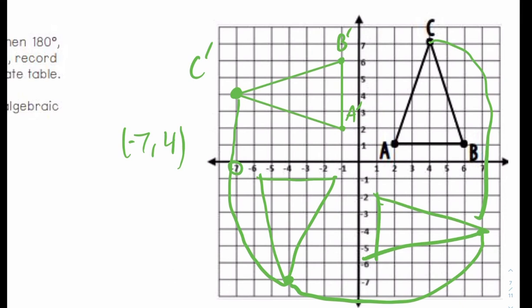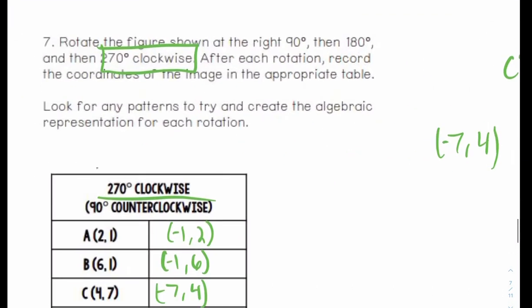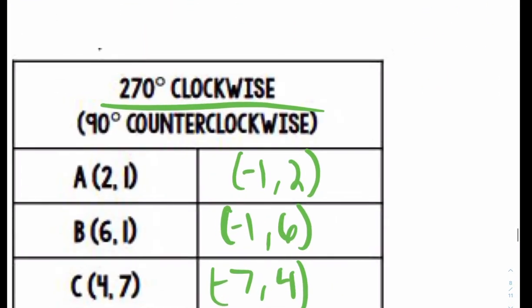You switch the x and the y, and you make the new x negative, and that's what happens only for this one. Each of these rules only works for the cases that show up here.